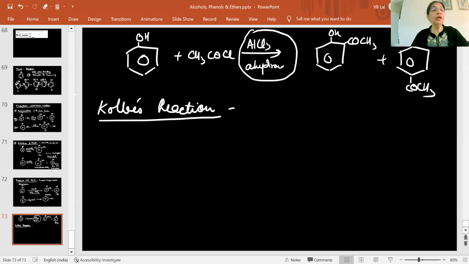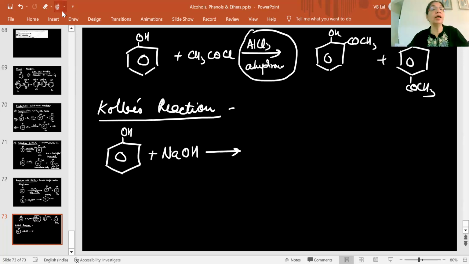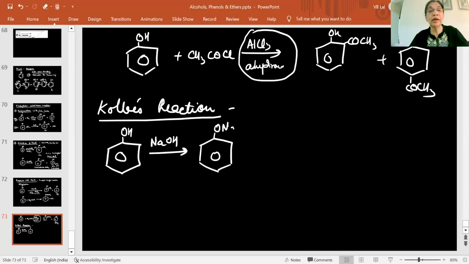For doing this reaction, the first step is that you take phenol, and phenol is acidic enough to react with NaOH. So NaOH reacts with the OH group of phenol and it becomes ONa. This is sodium phenoxide.